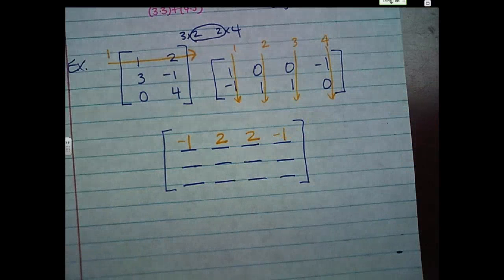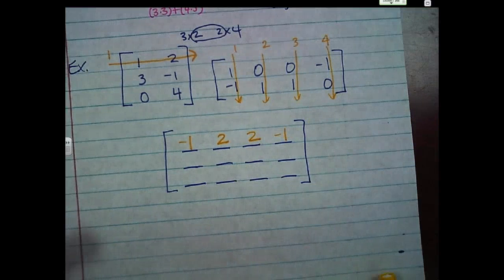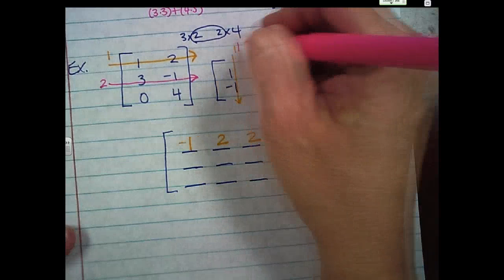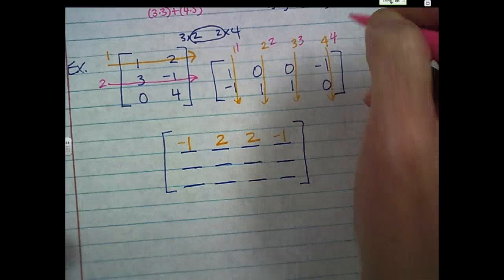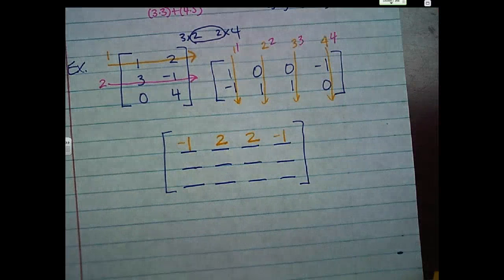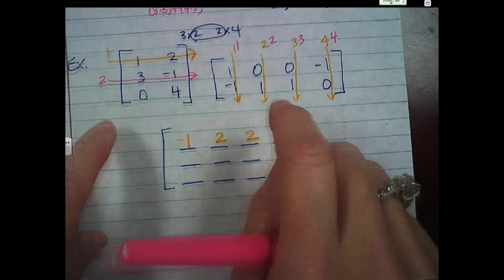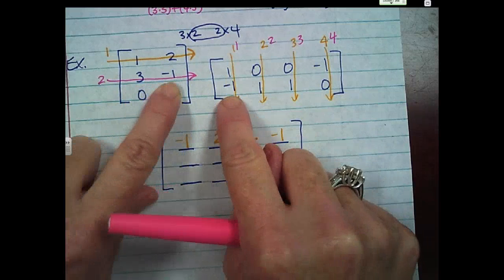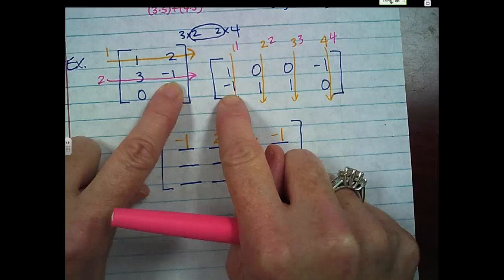Okay, you can use another color if you want to, and go to the second row. You can label this 1, 2, 3, 4 with a different color if you want. Remember, we write our answers across. So I want a 3 and a 1, which makes 4.